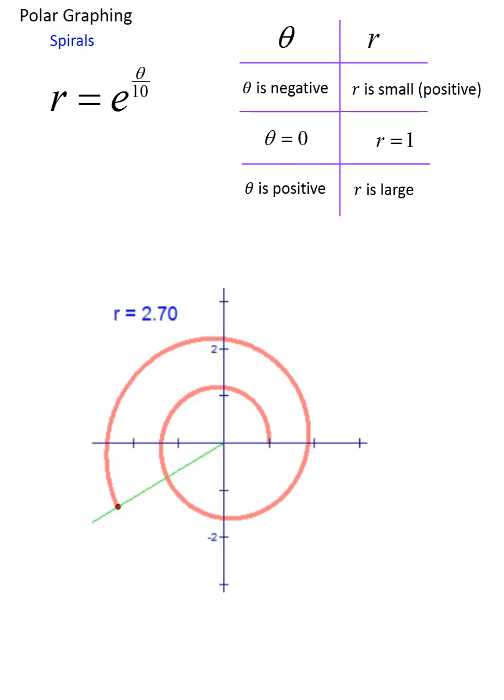And when we get out to 10 radians, if you look at the equation and plug 10 in for theta, you'll notice we get e to the 1, which is about 2.7 as shown here. Now I could keep this spiral going, but there's no real need to, because as theta increases, r is going to continue to increase, and we're going to get an infinite outward spiral here.